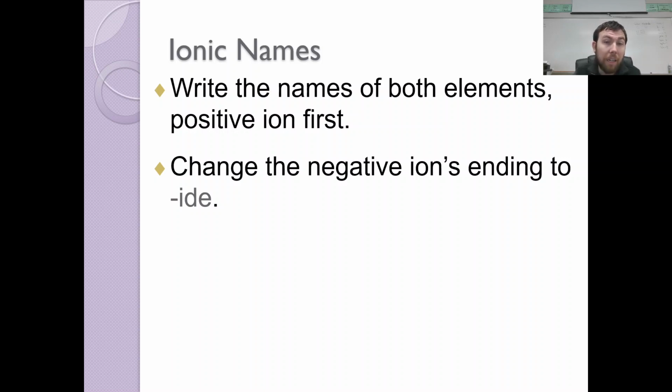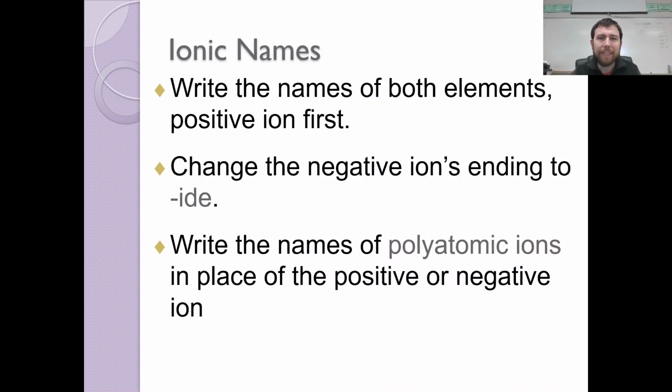Oxygen would become oxide. Bromine would become bromide. Nitrogen would become nitride. Carbon would become carbide. Okay, so we're going to change the ending of our negative ion to IDE. That's always going to be the case.